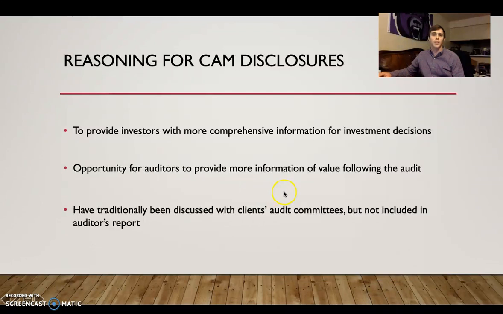So what's the reasoning behind CAM disclosures? The main reasoning behind the disclosure of critical audit matters is to provide investors with more comprehensive information for investment decisions. It gives auditors the opportunity to provide more information of value following the audit.